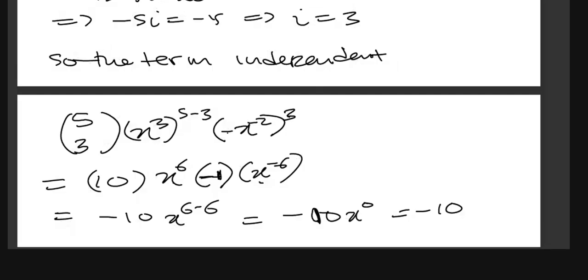What is the negative x equal to? Isn't negative x squared the same as negative 1 multiplied by x squared? Even negative 2 is negative 1 times 2.